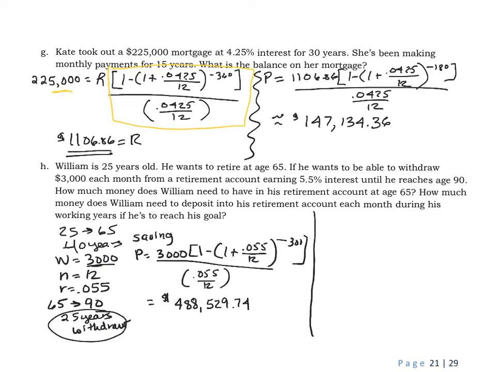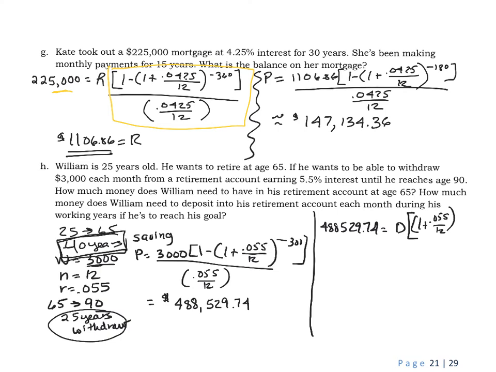Okay, so how much should he be depositing right now so that he can reach his goal? So at this point, we are going to need the annuity formula, right? Because the savings annuity, because we're going to be putting money into the account. So 1 plus 0.055 divided by 12 raised to the, okay, as far as time goes, he was saving for 40 years.